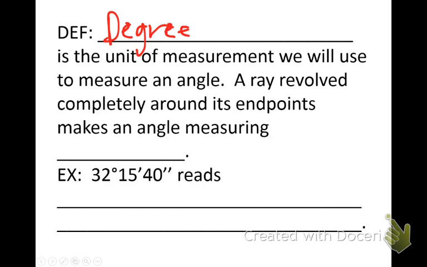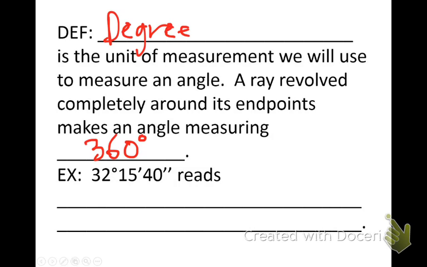A ray that revolves completely around its endpoint makes an angle measuring what? If we take a ray and revolve it completely around the endpoint, how many degrees is that? 360. Yes. That's 360 degrees.